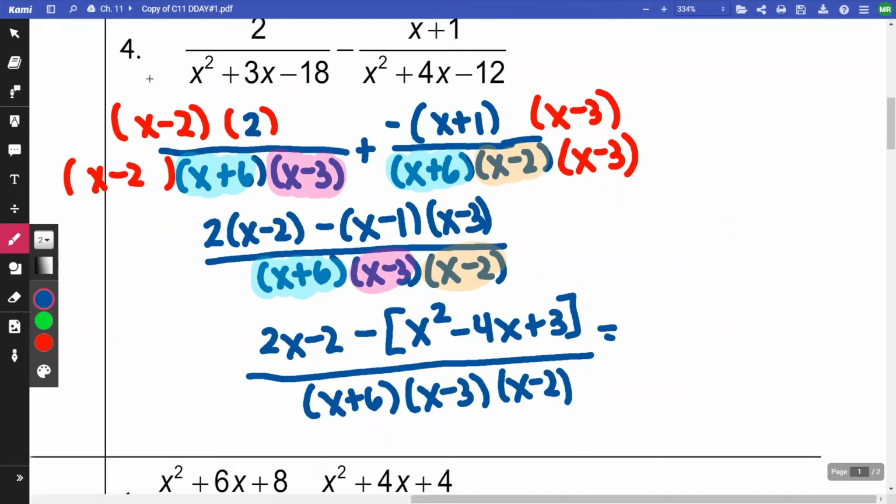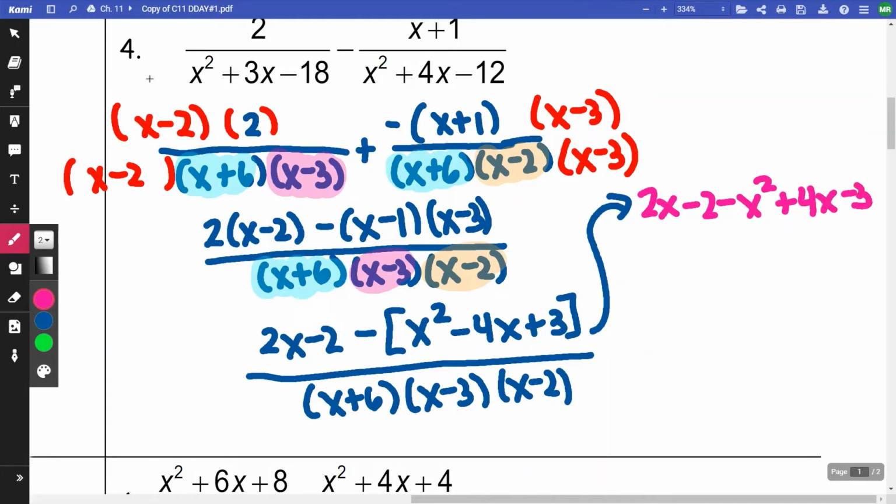So now I'm going to clean this up. And what's going to happen is I'm going to end up with, let me just move this, I'm going to put it up here. I'm going to write it in pink so you can see this is where I am now. So 2x -2 minus x squared plus 4x -3, still over that denominator.